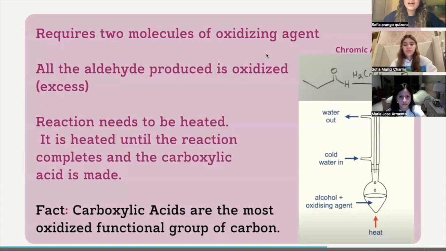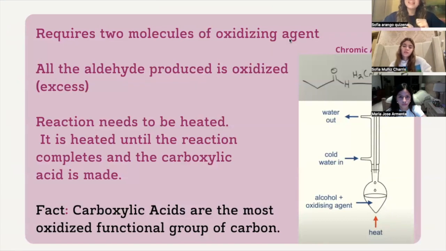However, once the aldehyde is produced, it needs to be heated in order to finally produce the carboxylic acid. To make a quick sum up, it requires two molecules of the oxidizing agent, an excess also needs to be part of the reaction, and it must be heated.